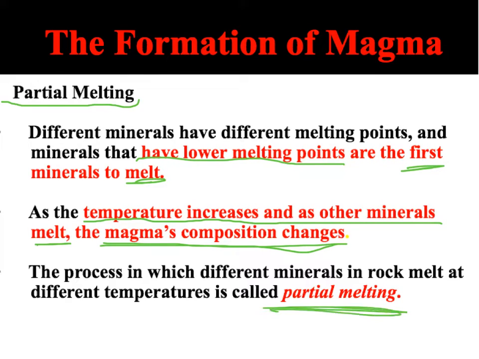And this is all known as partial melting. Rocks don't instantly all melt at once. The minerals that can melt do melt, and if the temperature keeps getting higher, more and more minerals will melt, and you'll have a bigger and bigger mixture of what is in the magma.